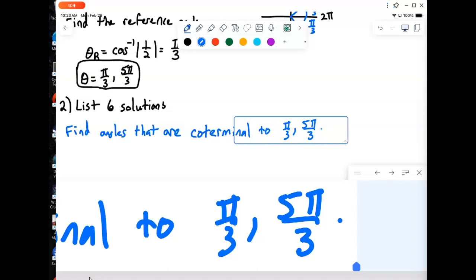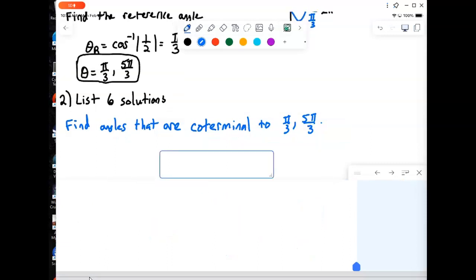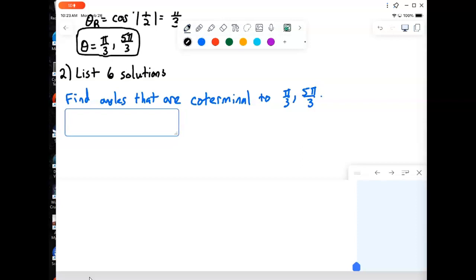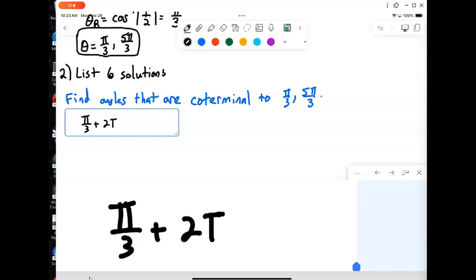Remember, to find coterminal angles, we start with our angles and add on multiples of 2 pi. So we can begin with pi over 3 plus 2 pi. That would be 2 and 1/3, or 7/3, or 7 pi over 3.